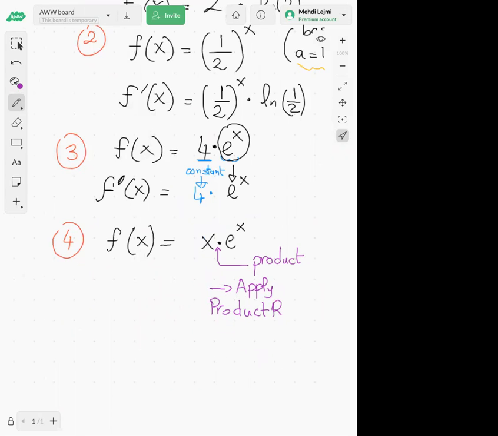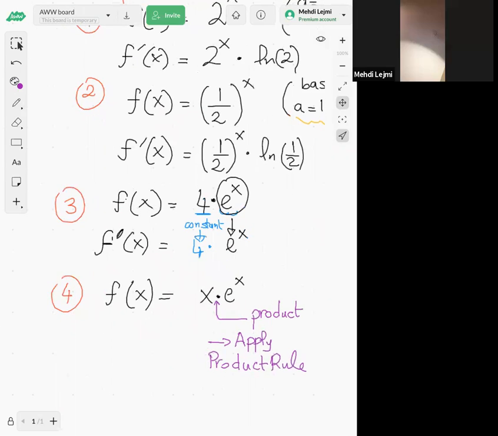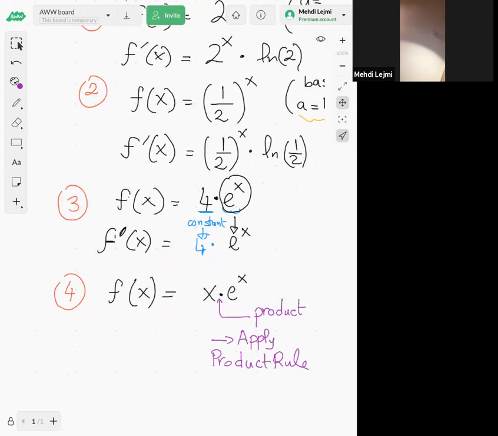Professor, why didn't we do that on number 3? We can do that also in number 3, and we're going to have the same answer. That's a very good question actually. We have a product, right? And you want to apply the product rule.